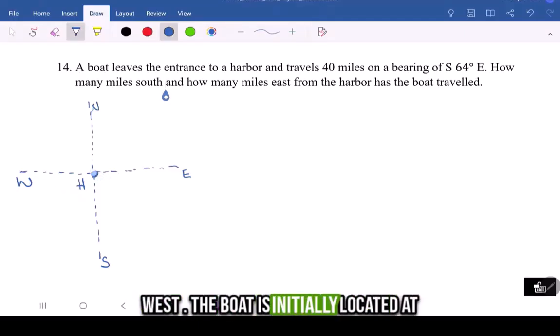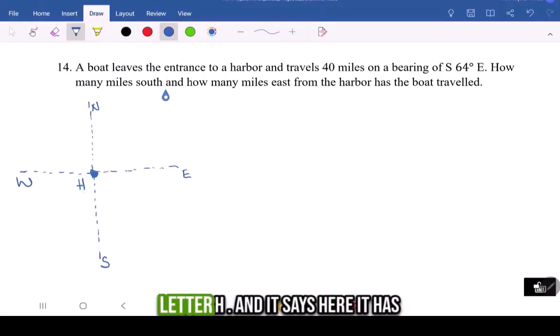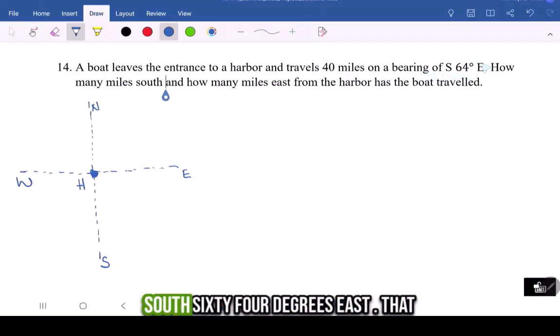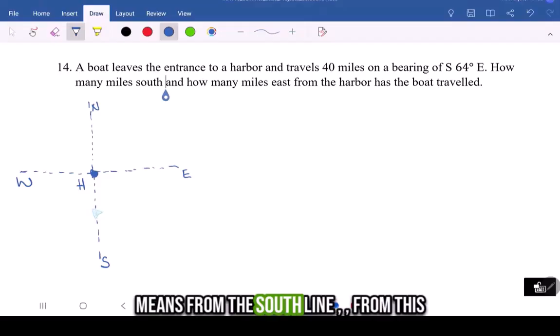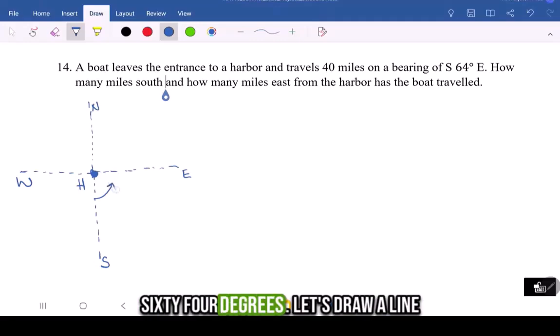The boat is initially located at the harbor, which we denoted with the letter H, and it says here it has traveled 40 miles on a bearing of south 64 degrees east. That means from the south line, from this line, it has traveled at a bearing of 64 degrees.